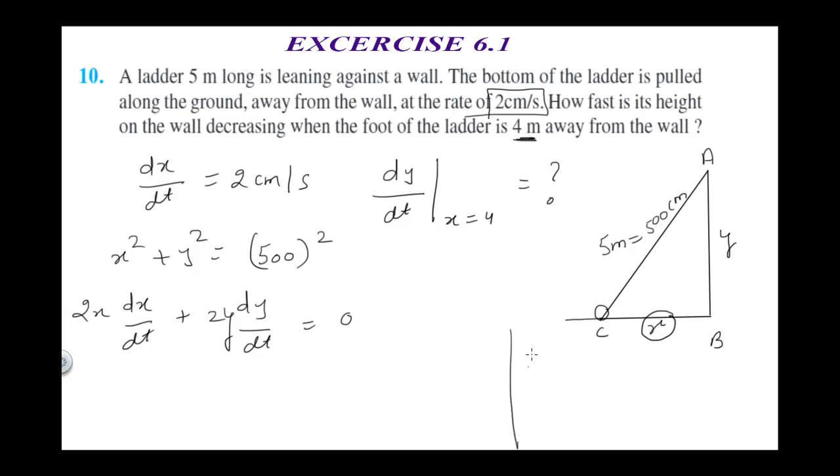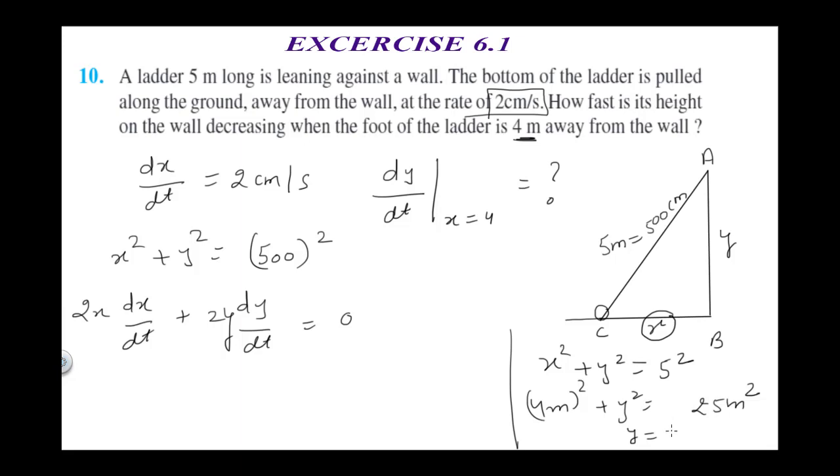So from the expression x square plus y square equals 500, let us just calculate it in meters and we'll convert into centimeters. So x is 4 meter. So 4 meter square plus y square equals 25 square meter. So from here y square will be 25 minus 16, which is 9.